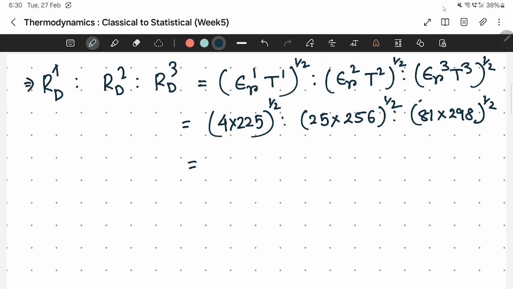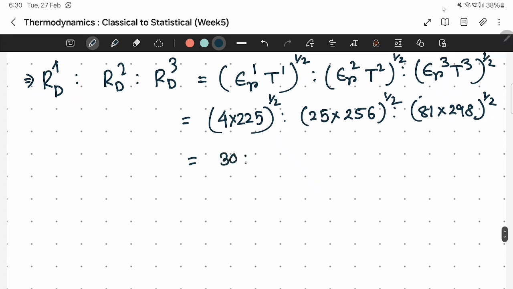If it is 225 into 4, the next one is 2 into 256, which is 80.